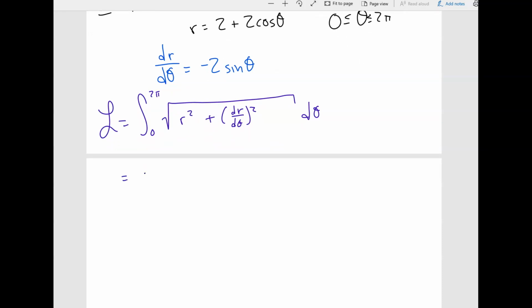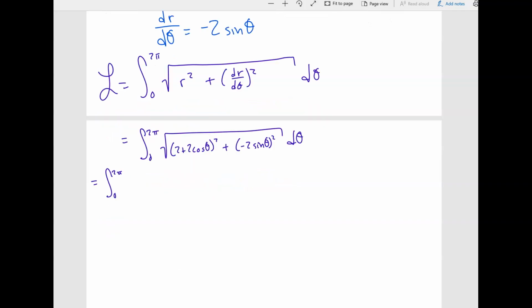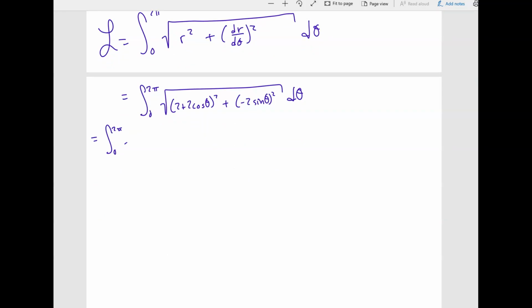So we're going to have the integral from 0 to 2 pi of the square root of 2 plus 2 cosine theta squared plus -2 sine theta squared d theta. So this is going to give me the integral from 0 to 2 pi of the square root of 4 plus 8 cosine theta plus 4 cosine squared theta plus 4 sine squared theta, d theta.